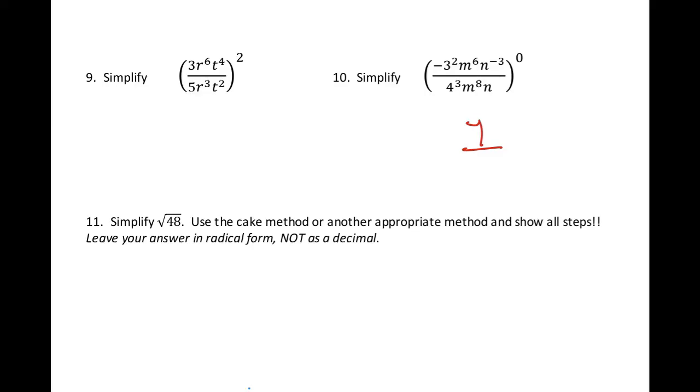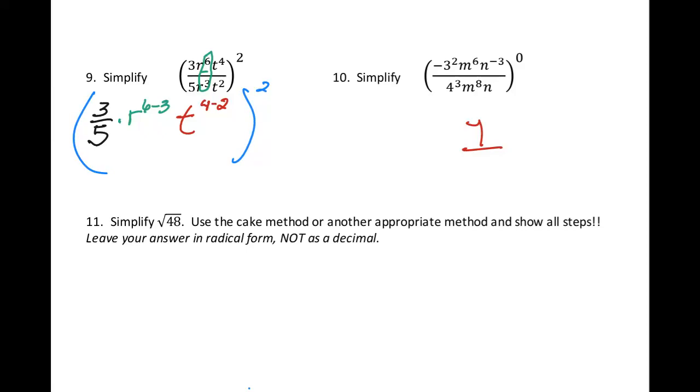So I would say we've got a 3 over 5, that's in simplest form, times r to the 6 divided by r to the third. So you would subtract r to the 6 minus 3. And you have t to the fourth divided by t squared, which is t to the 4 minus 2. And then all of that is going to be squared.